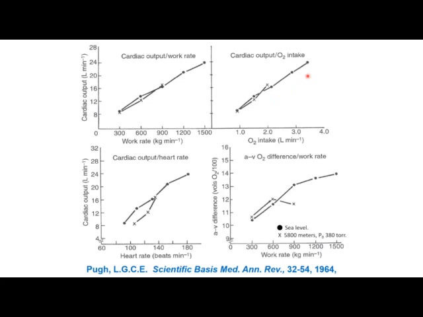Cardiac output over oxygen intake is about the same. This is cardiac output versus heart rate. Except for lower heart rates here, they end up being about the same. And this is the AVO2 difference. And you can see that this does start to fall at altitude compared to sea level.